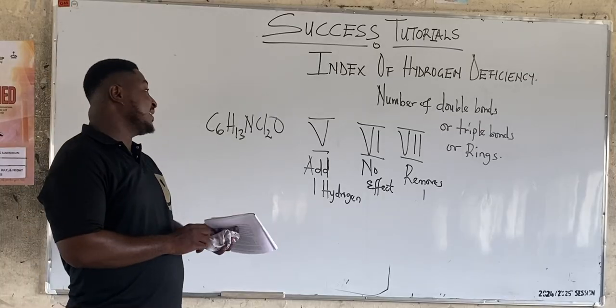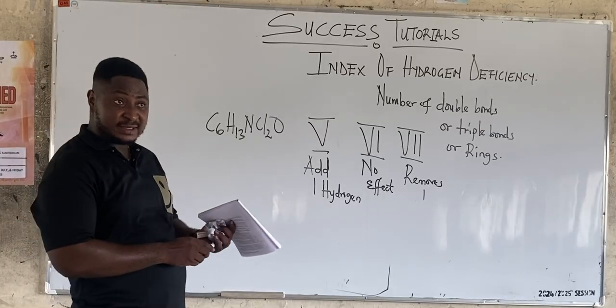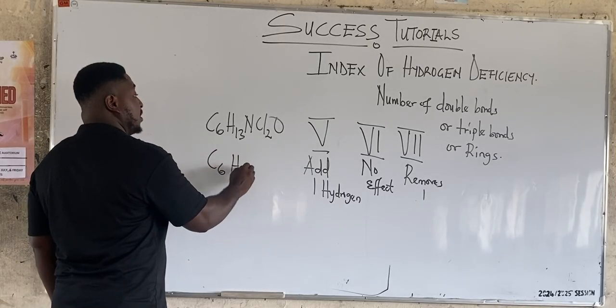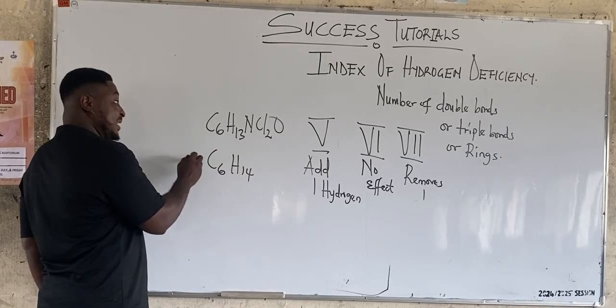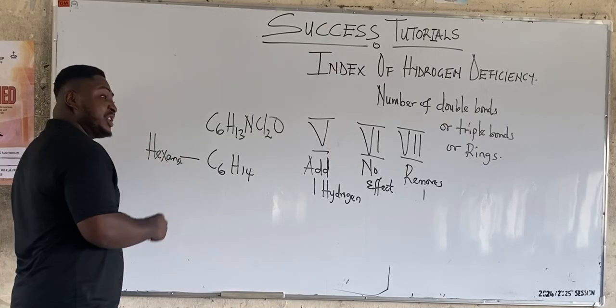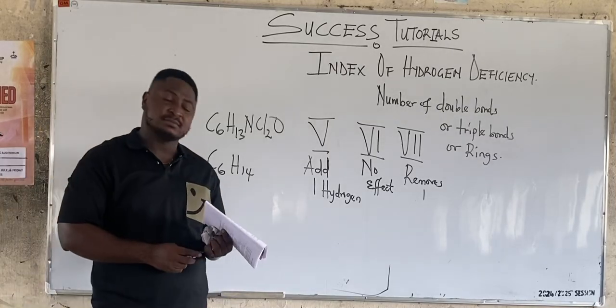What is the saturated form of C6? Someone that has 6 carbons in an alkane. C6H14. And what's the name? Hexane. Right? So you use the general formula CnH2n+2.